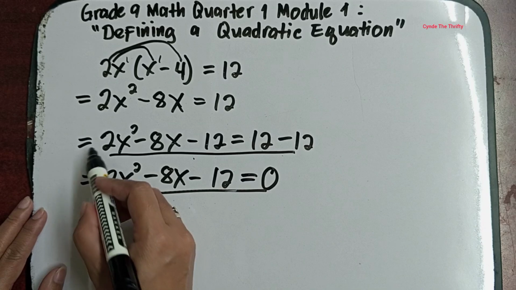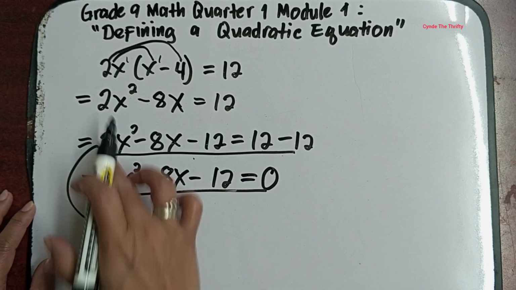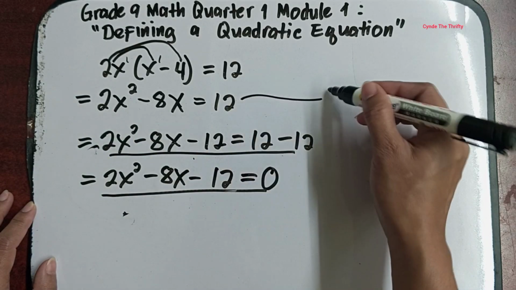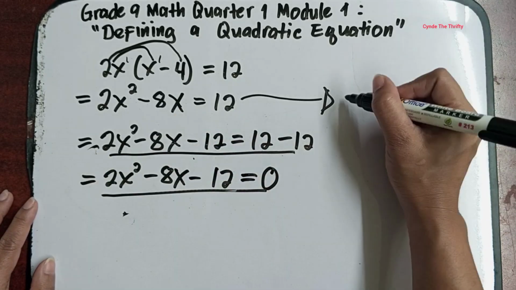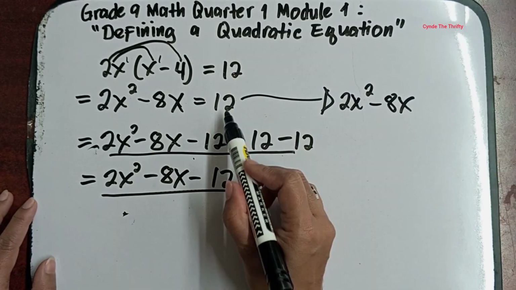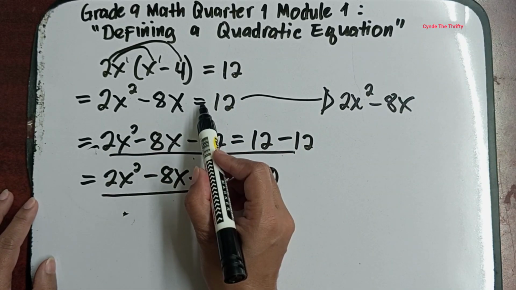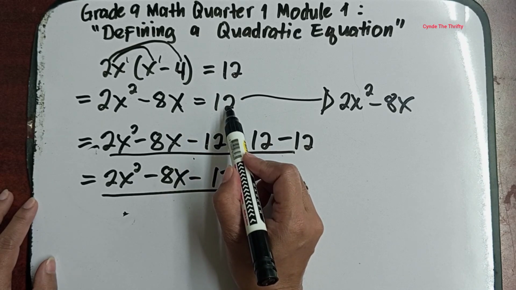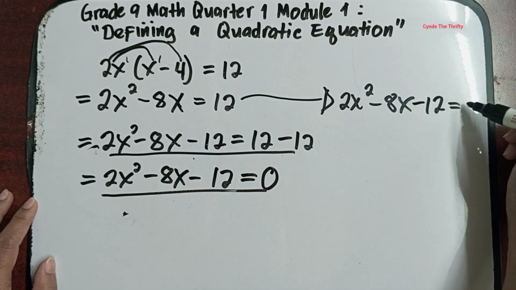So kung gawin nating standard form, ang gagawin nyo lang is 2x squared minus 8x, tapos si 12, ilipat nyo siya sa left side. So kapag nilipat nyo siya sa left side, dumaan siya ng equal sign. Kapag dumaan siya ng equal sign, mag-iiba ang kanyang sign. Dahil positive si 12, magiging negative. Okay, so negative 12 is equal to 0.